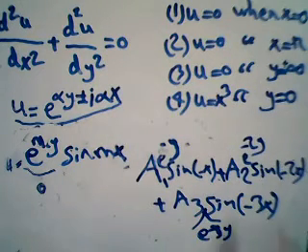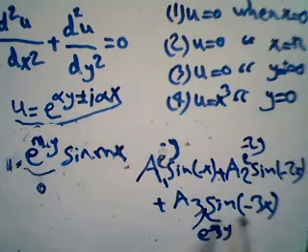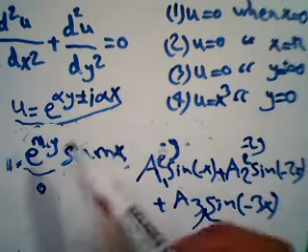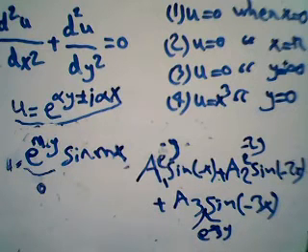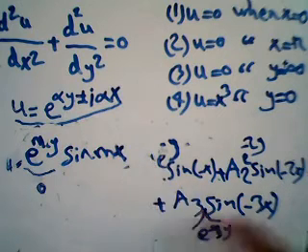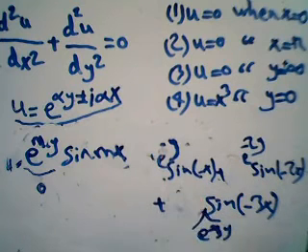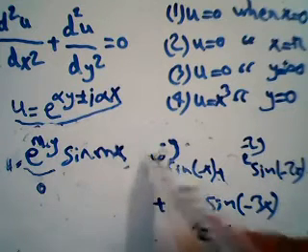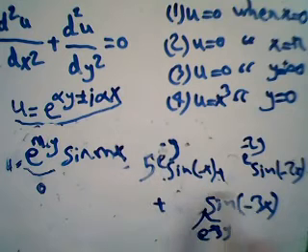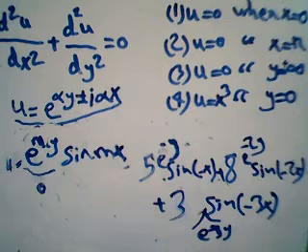But again, for every linear combination, for instance, let's put some numbers into these, say 5, this is 8, and this is, say, 3.